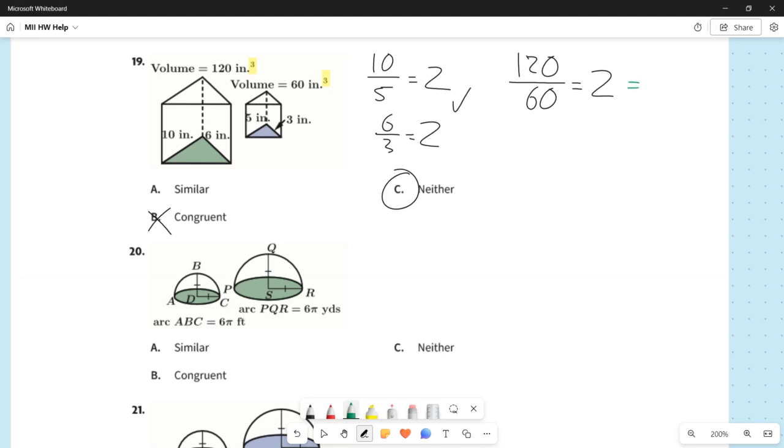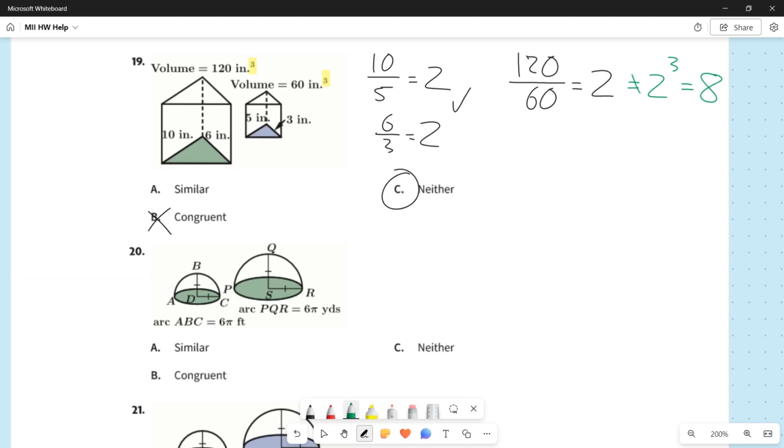What we want to get is 2 cubed, because the scale factor here is applied not once, not twice, but 3 times, because volume is a cubic measurement. So what we want to get is 8. And we do not get that. We get 2.